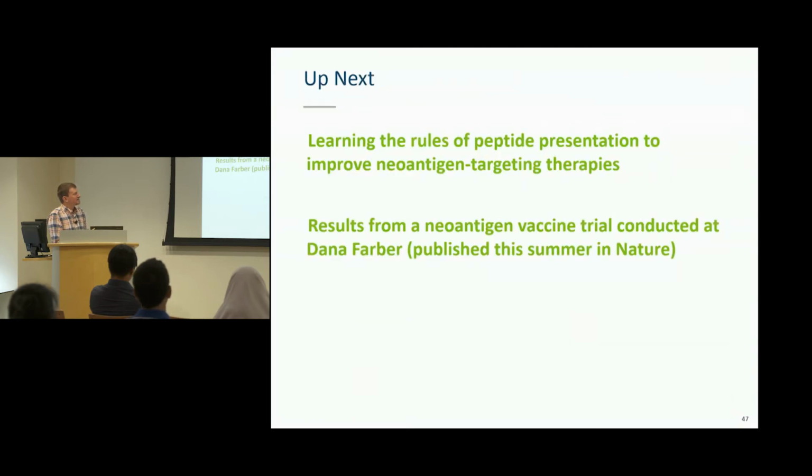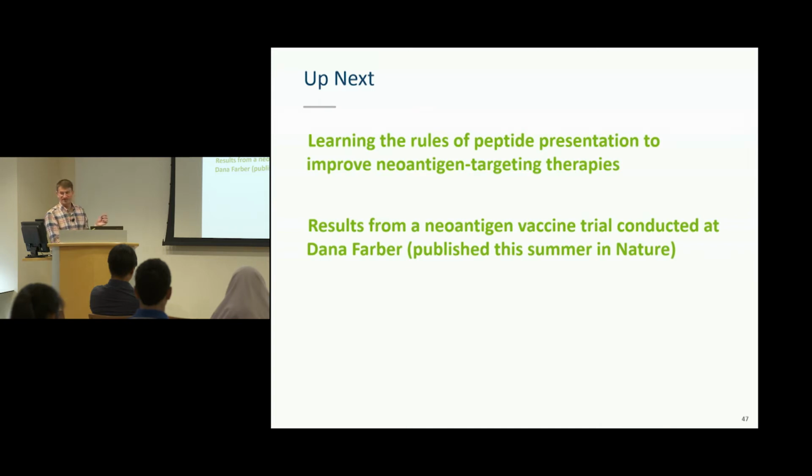So in the next presentation, in the main talk, we're going to be talking about how we can predict neoantigens. Obviously, we need to be really good at ranking the mutated sequences if we're going to be able to produce a successful and effective therapy, such as a vaccine.